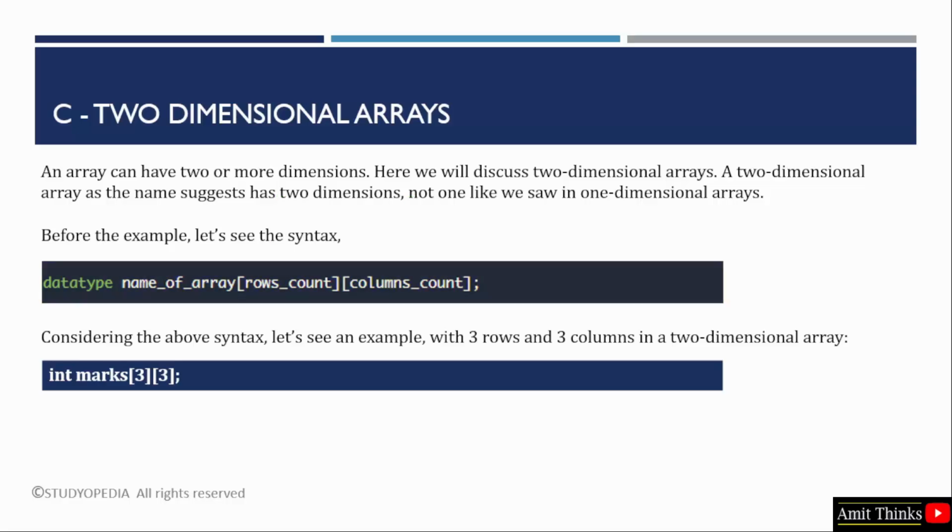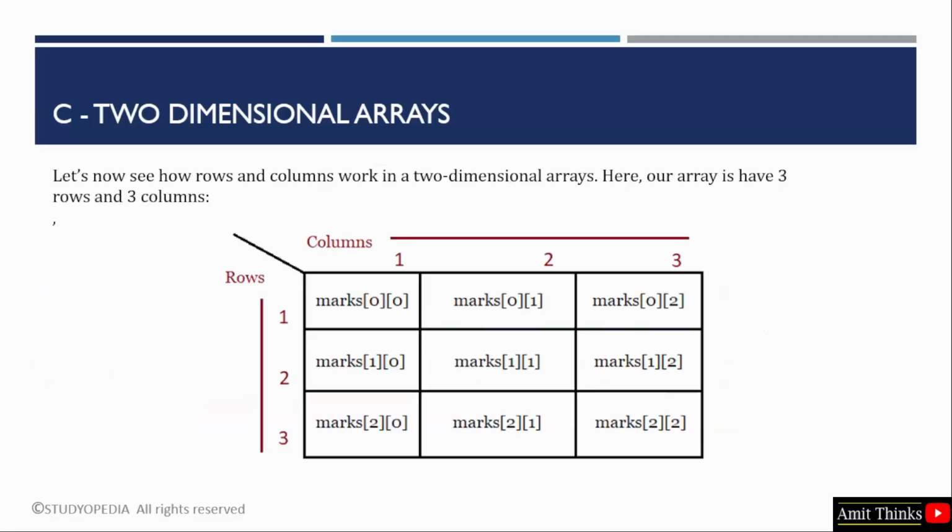For example, your array name is marks. For two-dimensional arrays, you need to mention two square brackets, like here we have shown 3 rows and 3 columns for marks array. Okay. Now when you will represent two-dimensional arrays, let's say here for 3 rows and 3 columns, it will be accessible like this.